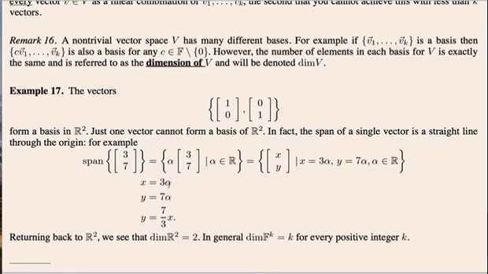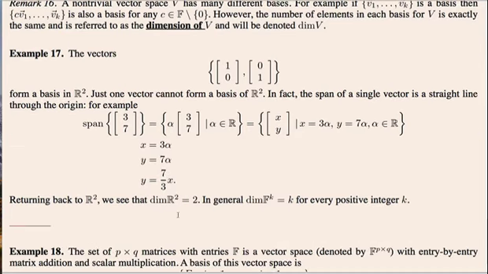You get alpha equals x over 3, and then plug this into the second to get that y equals 7x over 3, which is the equation of a straight line through the origin. So returning to R2 again, what we see is that the dimension of R2 is 2, and in general the dimension of F^k is k for every positive integer k.